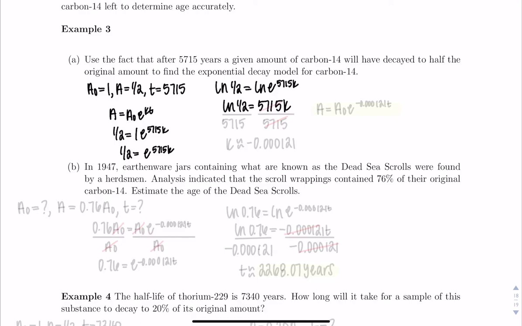So to get k by itself, we're going to divide both sides by 5,715. And so let's go ahead and get a decimal approximation here. We get that k is about negative 0.000121.